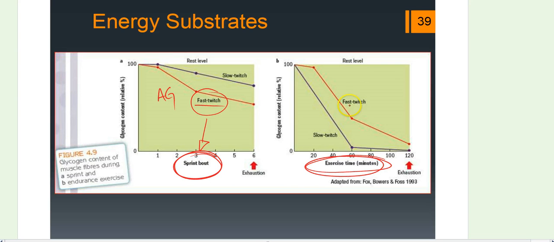And the second one, looking at working through to exhaustion. So here we're looking at 2 hours worth of work. It's endurance, so our slow twitch fibers are going to be used preferentially, and we have both glucose and fats that are used with aerobic energy production. However, this is specifically looking at glucose.